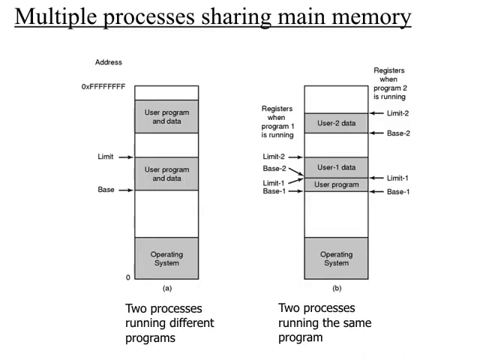Now, let's look at some very simple ways in which the physical memory of a computer could be managed. In this picture, figure A shows an operating system which occupies the lowest parts of the physical memory, from 0 to a certain limit. This consists of operating system code, data, and so forth.